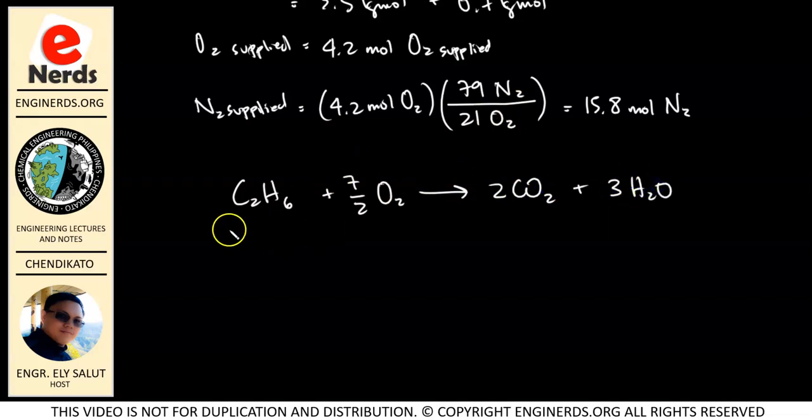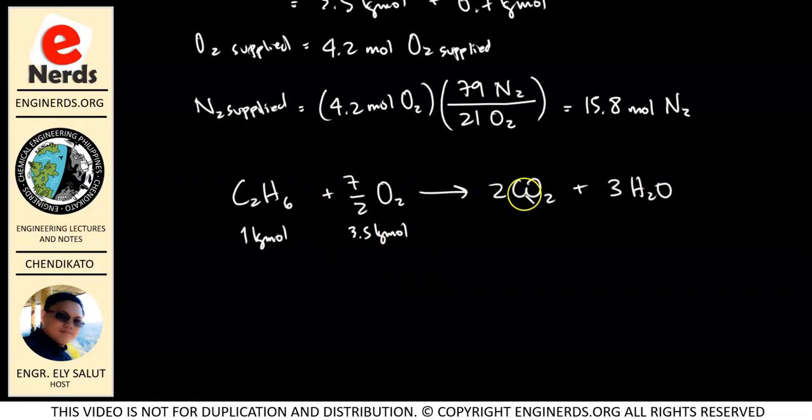So we have 1 kilogram mole of C2H6, then we have 3.5 kilogram mole of O2. Okay, this is the theoretical O2 for the complete combustion.